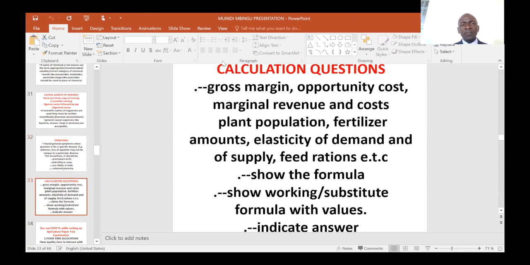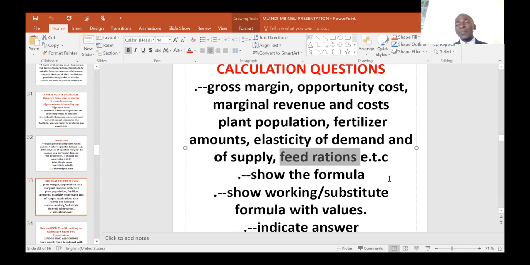Questions involving calculation. Of course, on the screen, I've indicated questions that may be found in paper 1. However, the questions that may be found in paper 2 may be derived from feed rations. Compute a pig ration of 18% DCP.